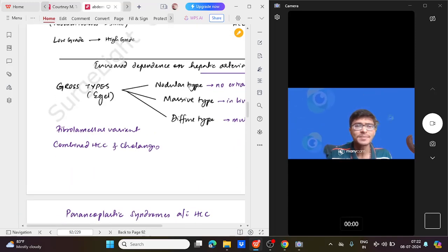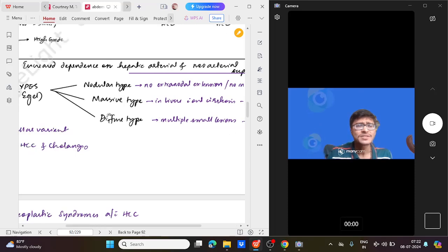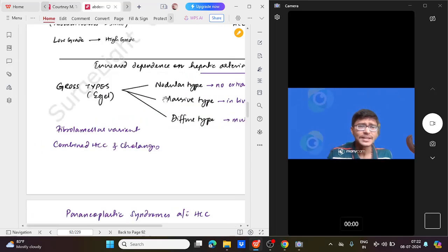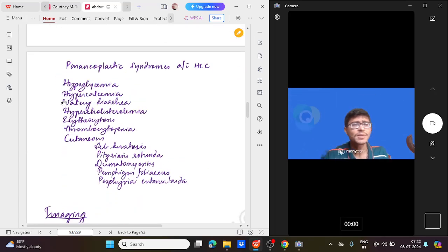Gross types will be nodular type, massive type, and diffuse type, which will be involving the liver. Then we have a fibrolamellar variant and combined HCC with cholangiocarcinoma, paraneoplastic syndrome, which has most common hypocholesterolemia. Secondly, hypoglycemia, cutaneous being seborrheic keratosis.